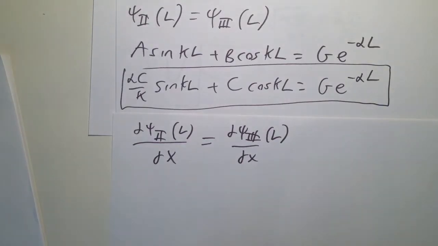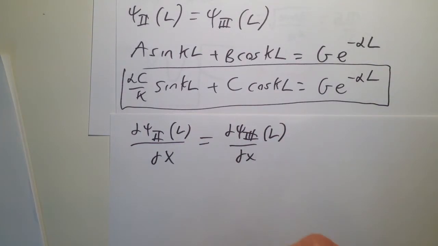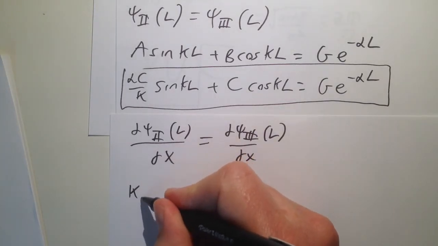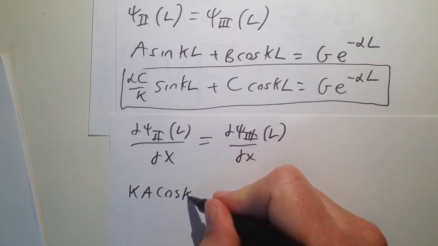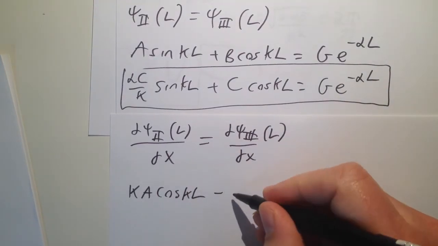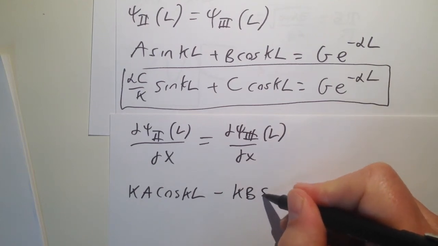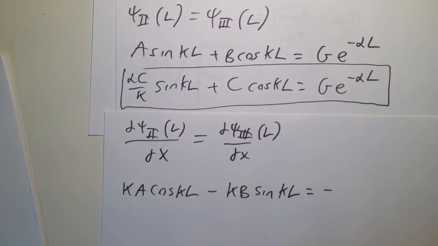So when I plug in, again this is our sinusoidal wave function, I get the derivative of sine is cosine, and the derivative of cosine is minus sine. And over here I'm going to take a derivative of our exponential wave function, our decaying exponential. I get minus alpha g e to the minus alpha L.